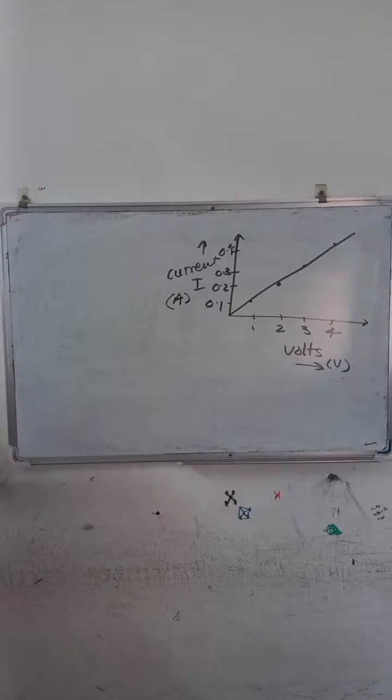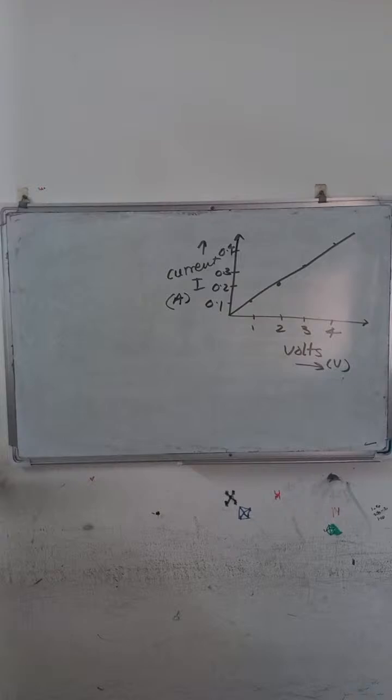From this we have to write the answer, and it is very simple. Just now at the beginning of this session I explained Ohm's law. The first question asks what the graph depicts about the dependence of current on the potential difference.